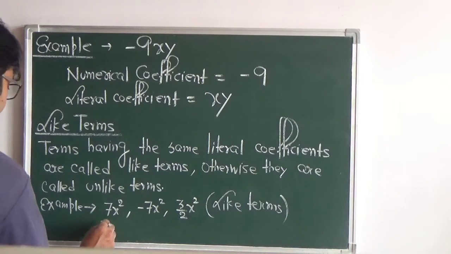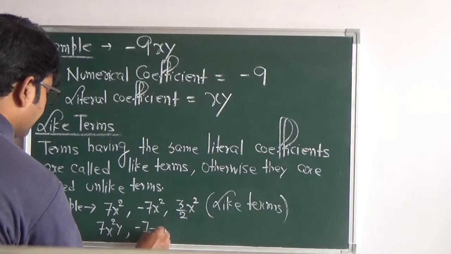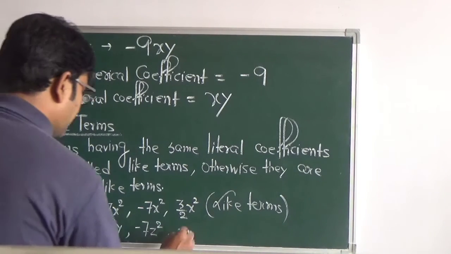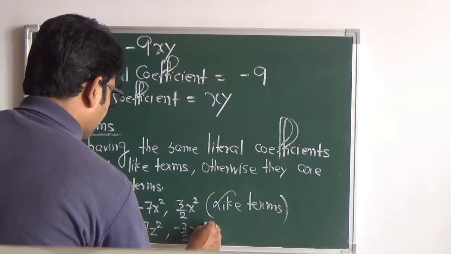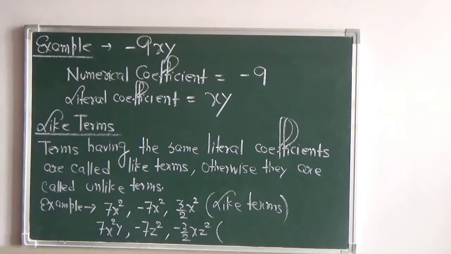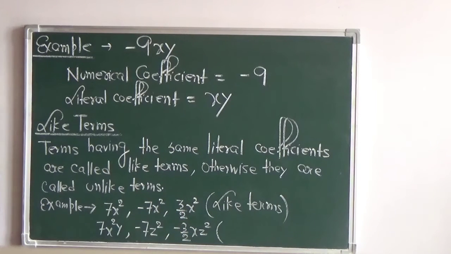Now if we take another example, 7x square y, minus 7z square, minus 3 by 2 xz square. If you look into those carefully, you will find all these terms have different literal coefficients. Here it is x square y, the second one is z, in the first one no z, second one no xy, third one no y, and also the powers are different.